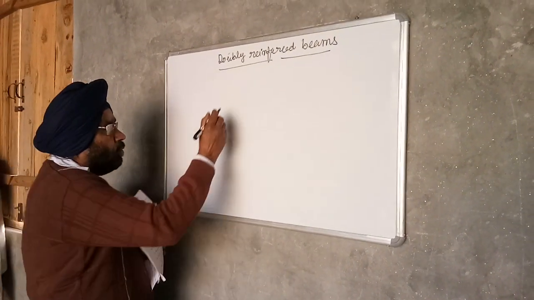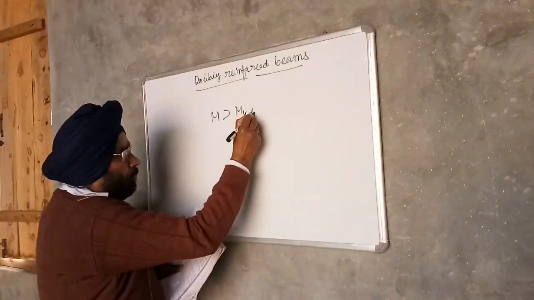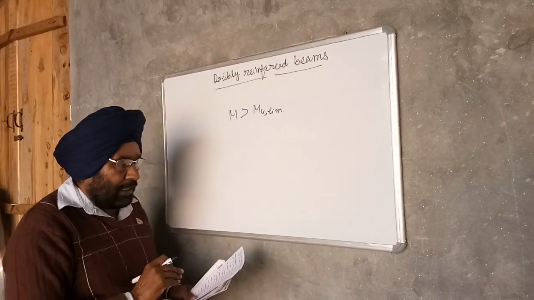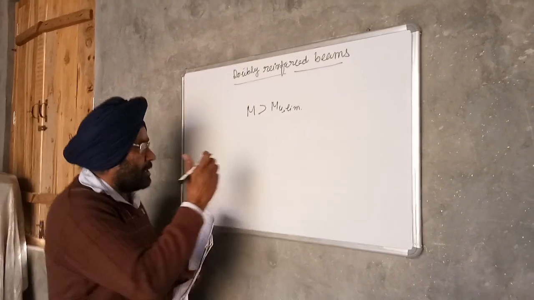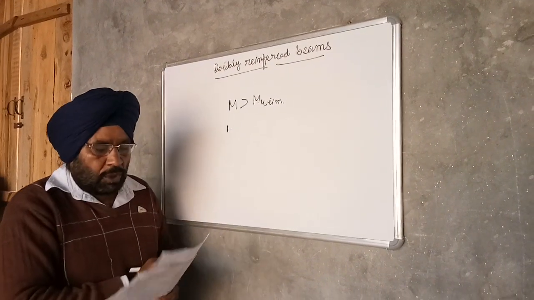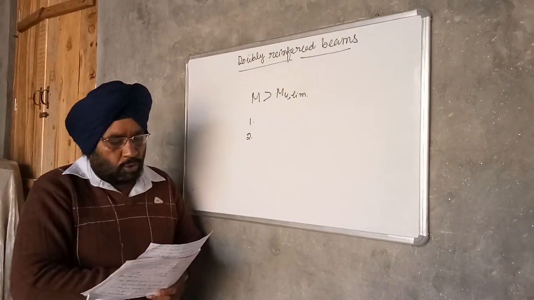If the applied moment is more than the moment of resistance of a singly reinforced beam section, then two alternatives are available. The first is to increase the depth of the beam section; the second is to provide compression reinforcement.